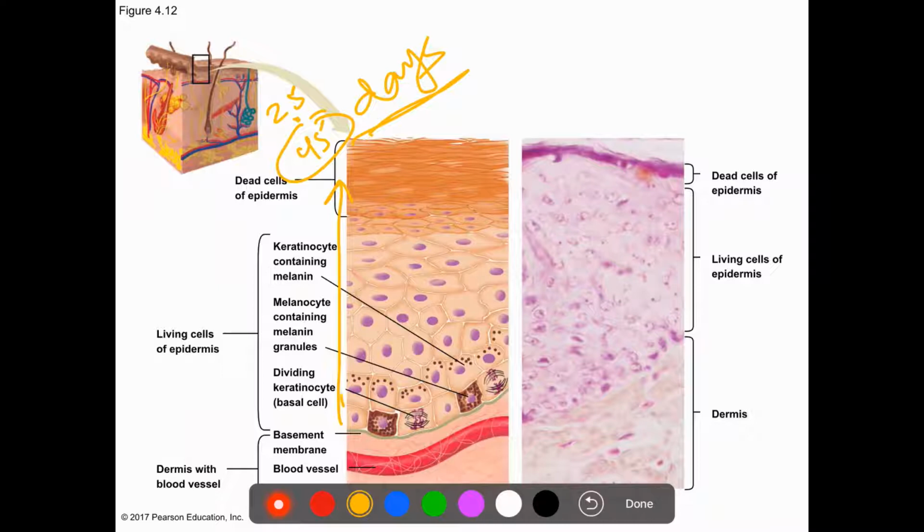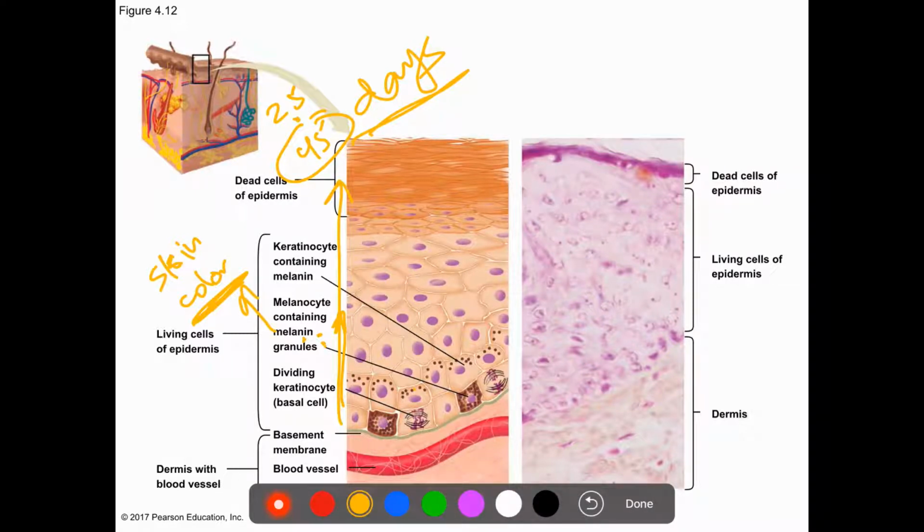And again, as we are moving up, the cells would be filled with keratin. Melanocytes produce the melanin, and the melanin is responsible for our skin color. So darker skinned people have more melanin in their skin compared to lighter skinned people.